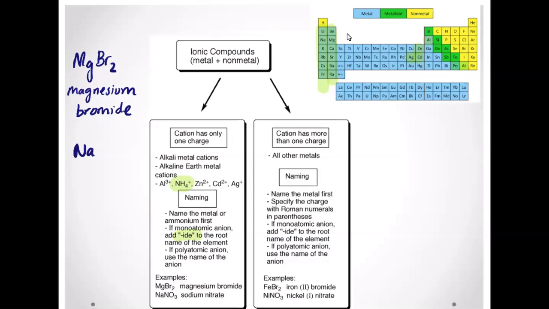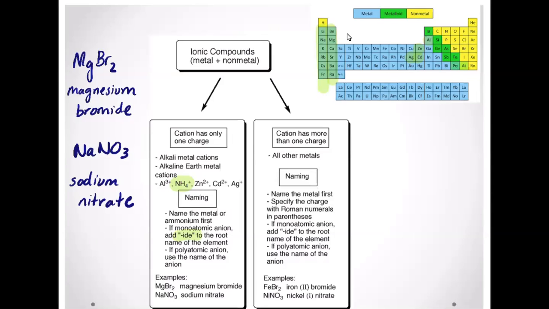Over here we have sodium nitrate. You write your metal cation first. Sodium always has a +1 charge, and then your anion is a polyatomic ion, so you simply write the name of that polyatomic ion, which is nitrate, so sodium nitrate.